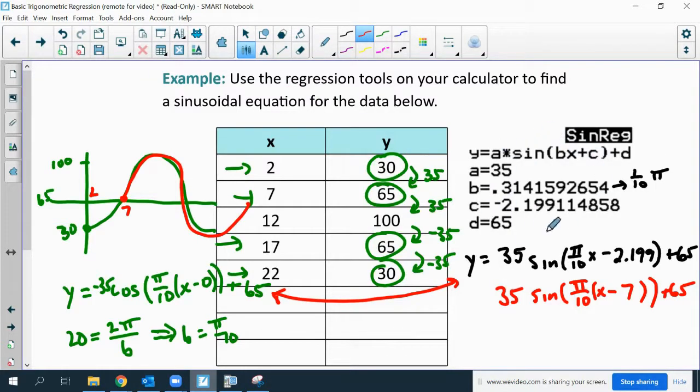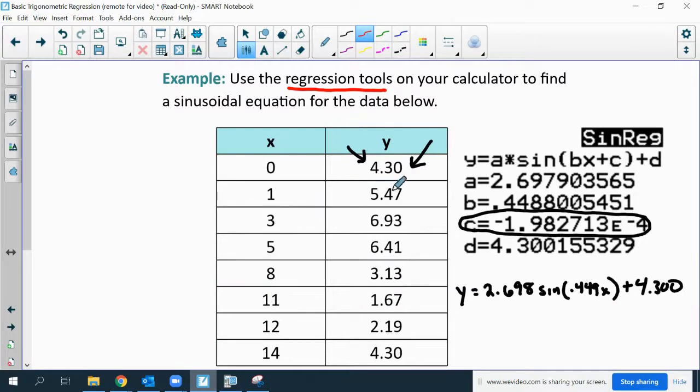Whereas this one fit it perfectly because my data ended up matching up perfectly with the exact amount of shifts and the exact amount of stretching that would make this work out exactly well. But regression equations don't have to do that. Regression equations do have the ability to give us a best guess when things don't work out exactly perfect, like many times they don't.